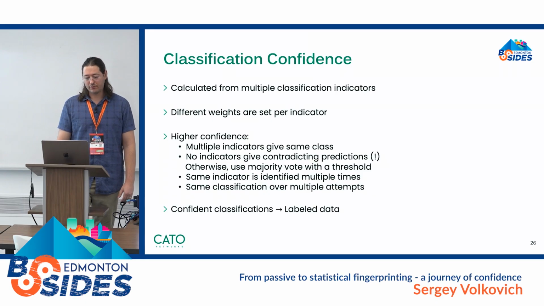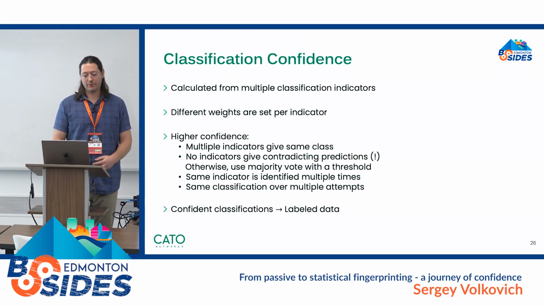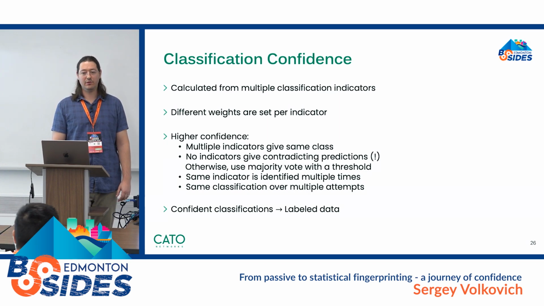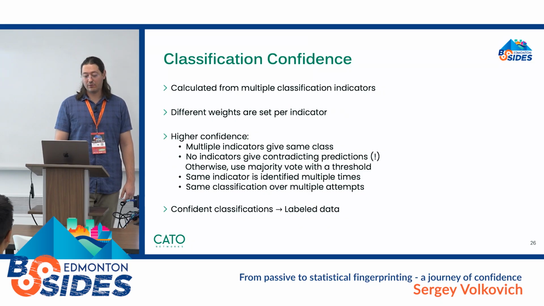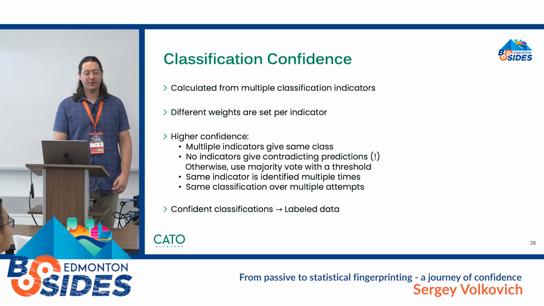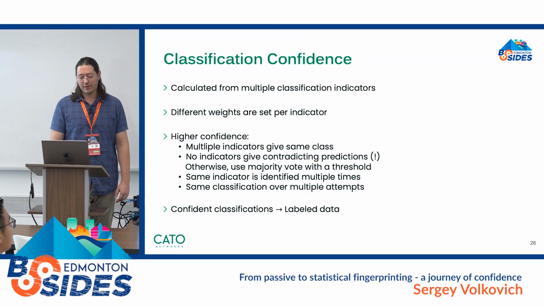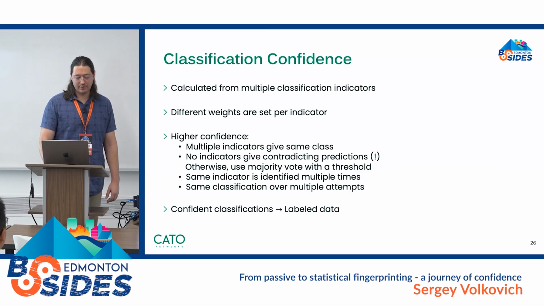Why is it so important to us in the context of statistical fingerprinting? It's obviously very important to begin with, because we can use these confident classifications as our labeled data. We have to set some threshold, and classifications that are, I won't say 99% confident, but you get the idea, can be used as data we can perform statistics on.